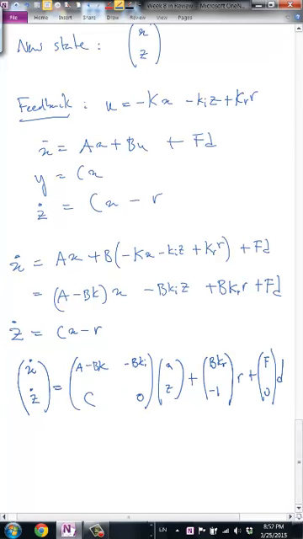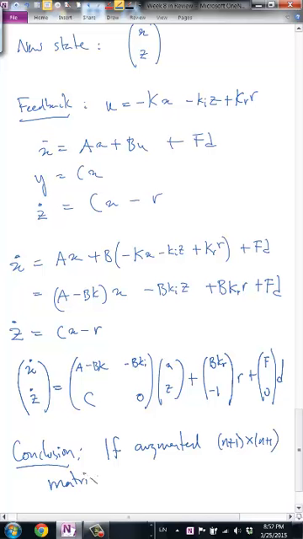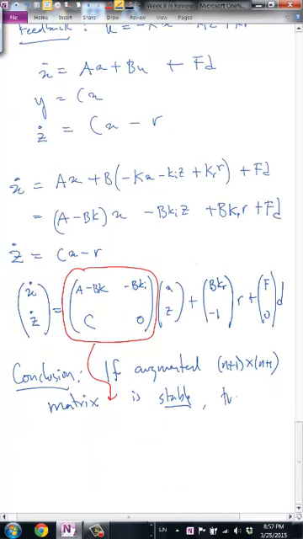So the conclusion, which is almost magical here, is that if the augmented matrix, which in this case is n plus 1 by n plus 1, which is this guy, is stable, then the system is stable, of course, by definition, and it means that it has an equilibrium.